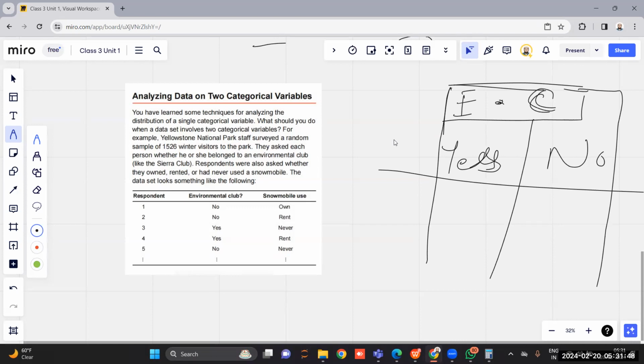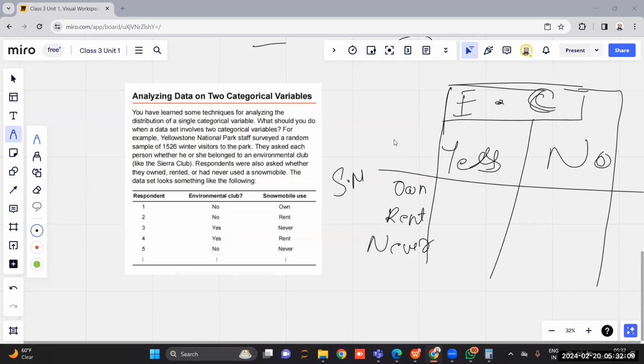So the output of environmental club is either yes or no. And what's the output of snowmobile? Suppose snowmobile is my column. It is either own, rent, or they have never used. So we'll count.